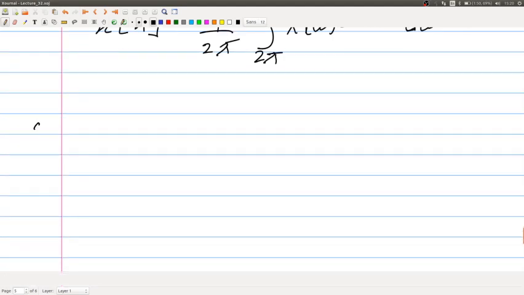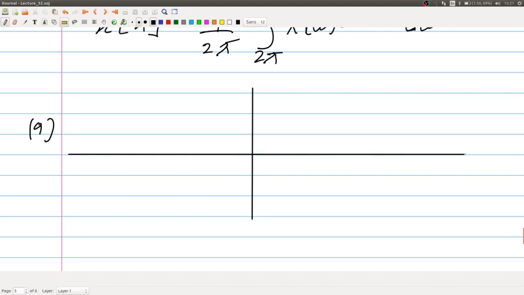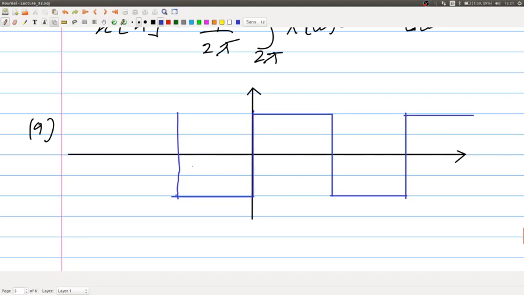right? So if I give you an example that x of omega is shown in this figure. So let me draw it for you.